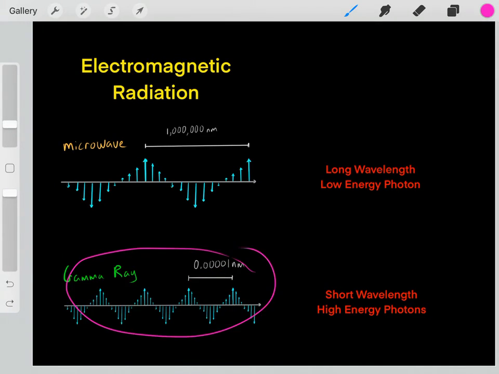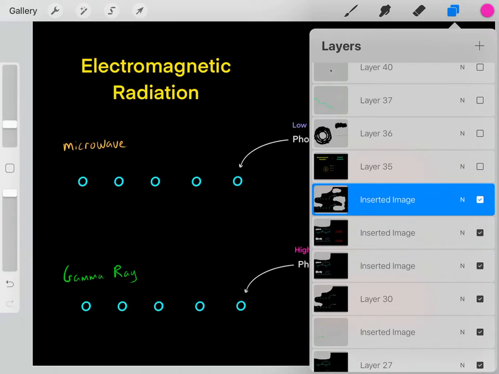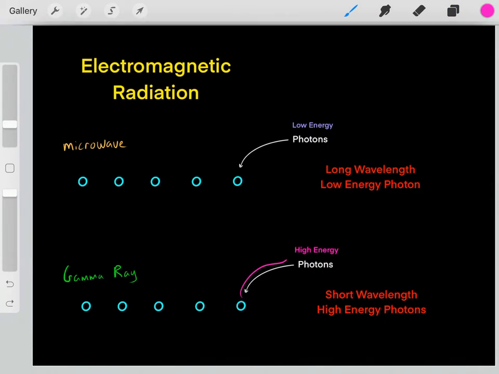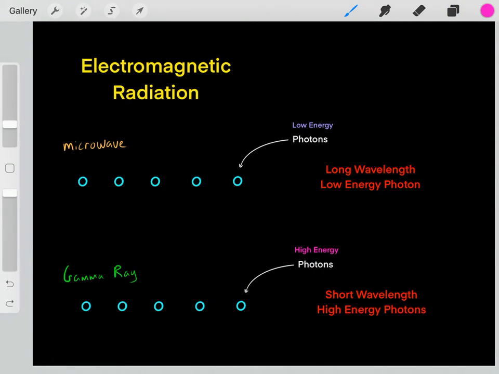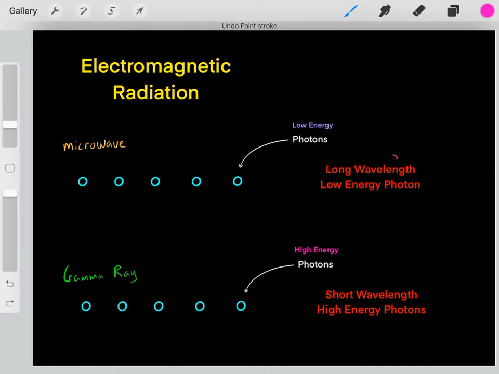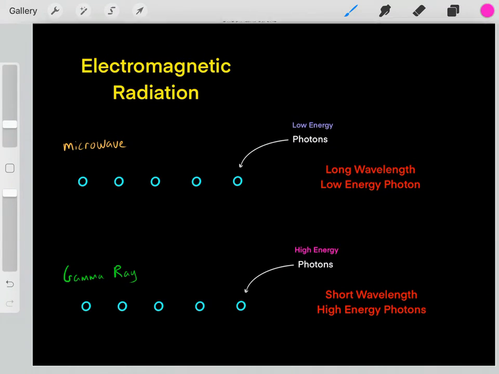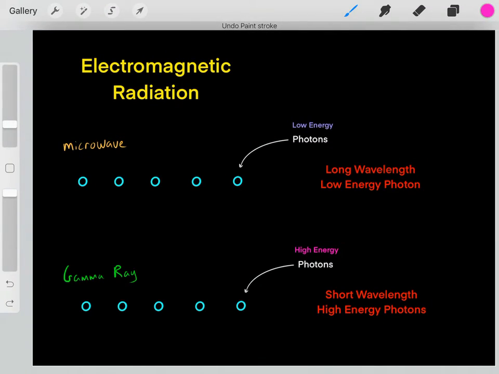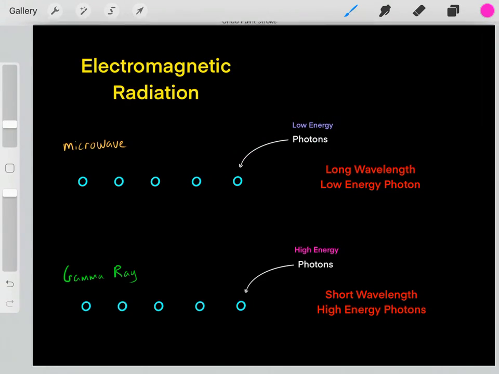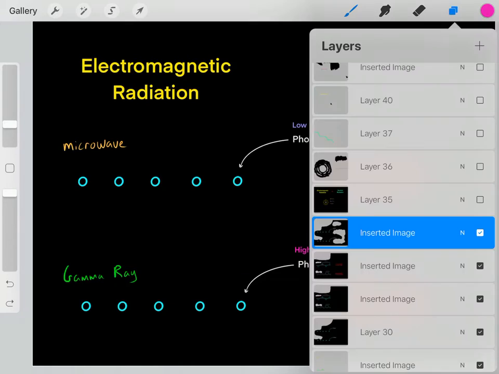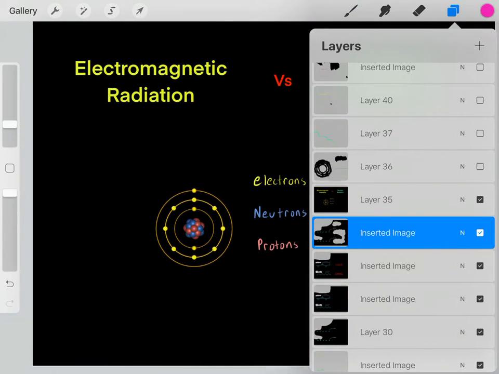So again, this gamma ray has a very short wavelength, therefore it would be made out of high energy photons. This is just something you need to memorize. Again, this microwave had a long wavelength, so if this electromagnetic radiation has a long wavelength, then it's made out of low energy photons. And again, this is just something you have to learn.